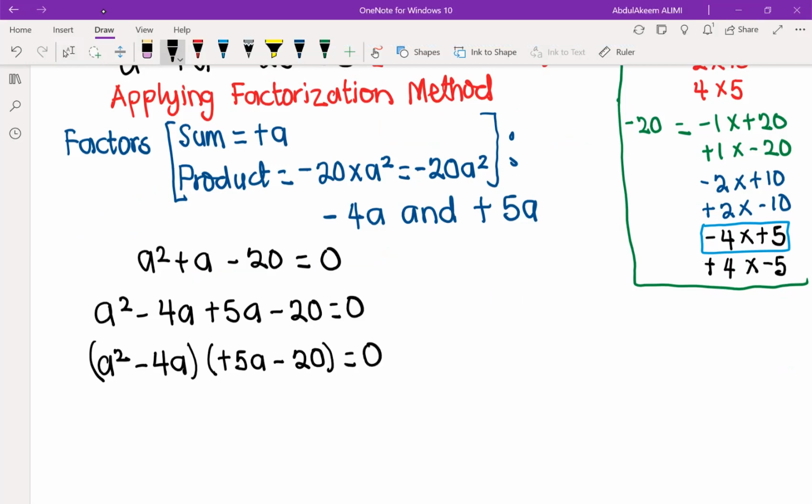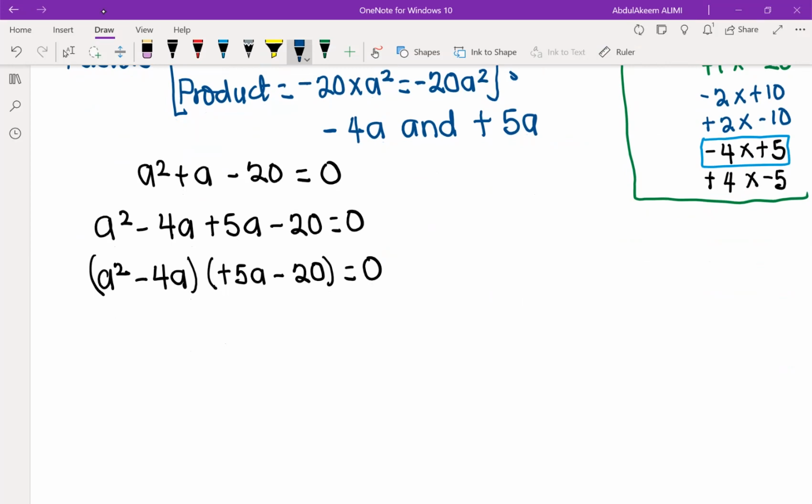What is common in the first bracket? a is common. So I will have a, open bracket, a minus 4. What is common in the second bracket that will give us this bracket? That's plus 5. I also have a minus 4 equals 0. So what do I have here?